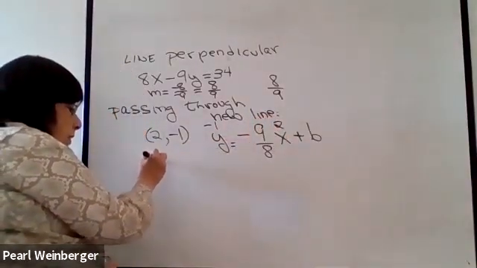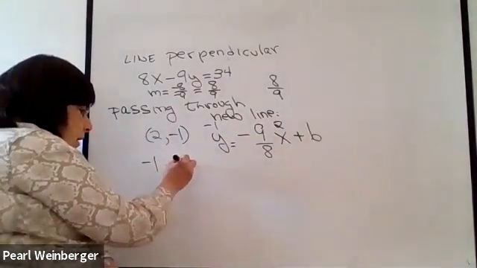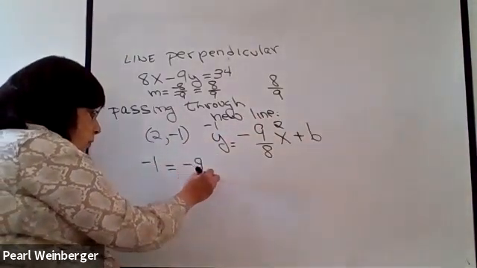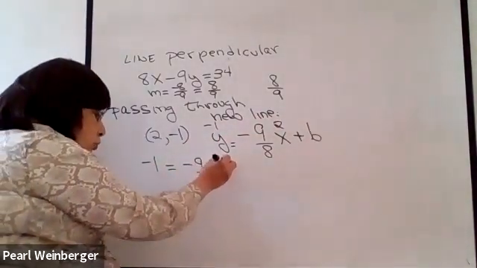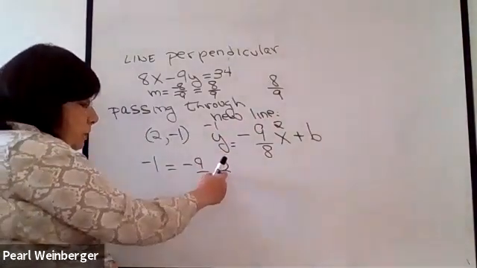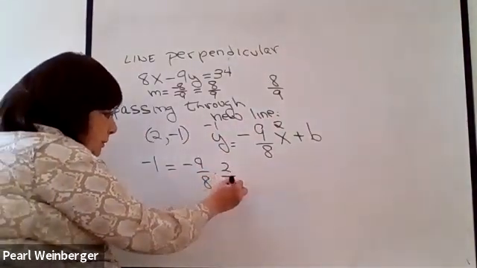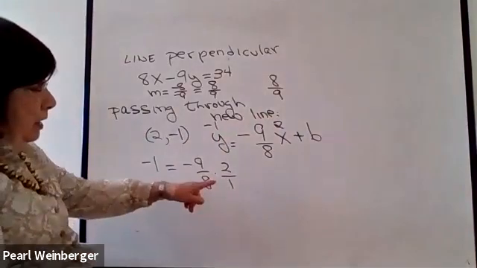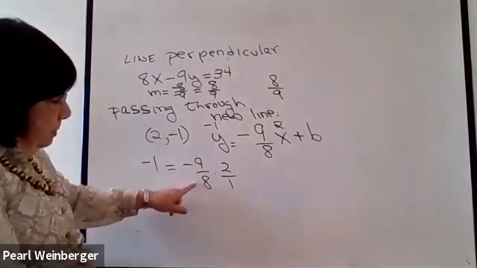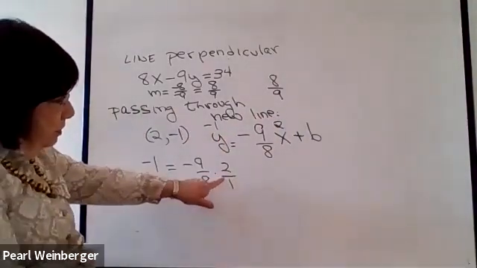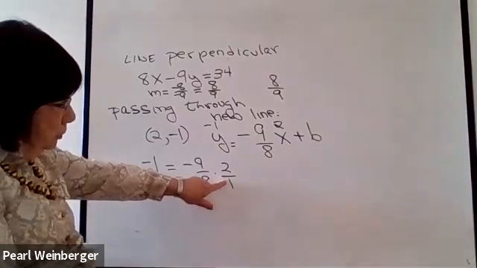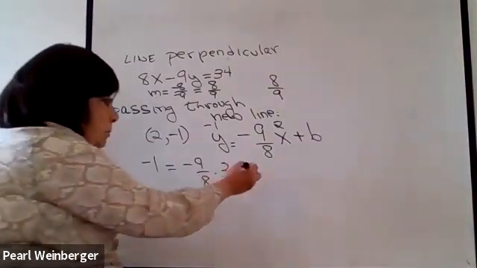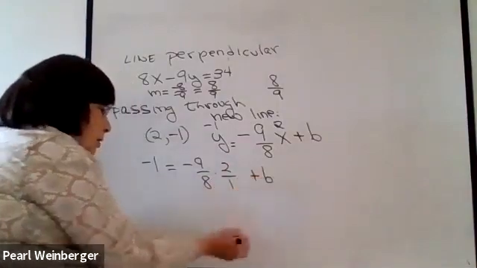So this becomes negative 1 equals negative 9 over 8 times 2 over 1 plus b, writing the 2 as a fraction.